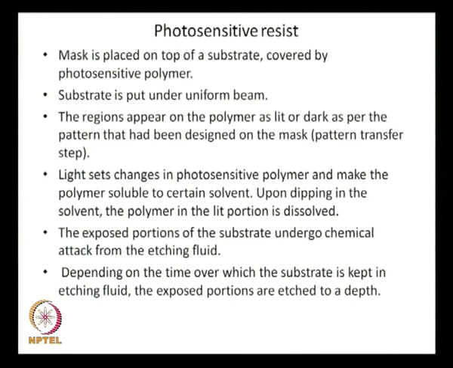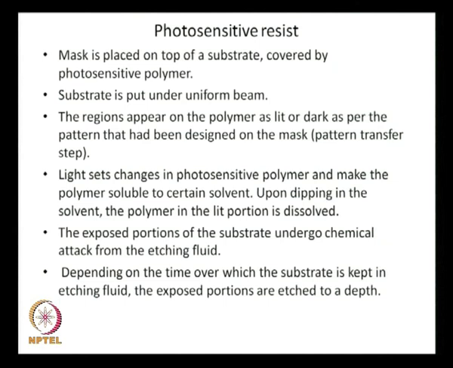The exposed portions of the substrate undergo chemical attack from etching fluid. So, after the exposure to light, you dip this substrate coated with polymer into a certain solvent. Upon dipping in the solvent, the polymer in the lit portion is dissolved. That is one type of resist, where the polymer in the lit portion is dissolved.